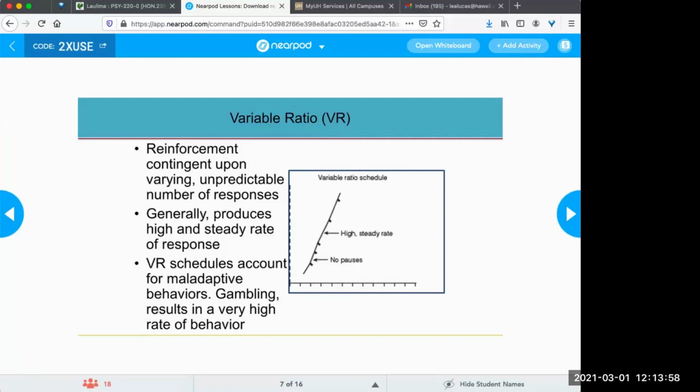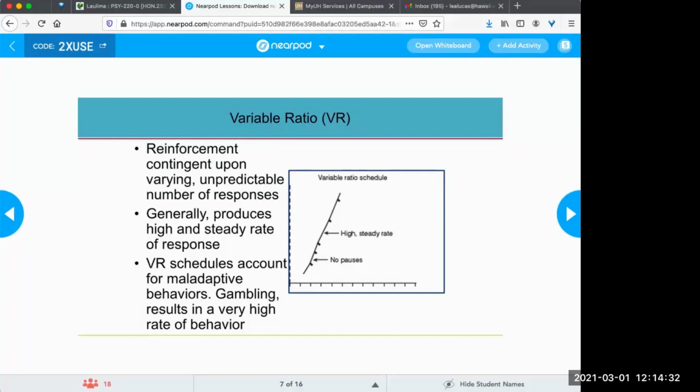Mostly all gambling is based upon variable ratio schedules of reinforcement. It accounts for maladaptive behaviors, because once you start responding, there's very little attrition, very little ratio burnout, or ratio strain with a variable ratio schedule, because the reward is so rewarding at the end that people will continue to participate in the behavior.